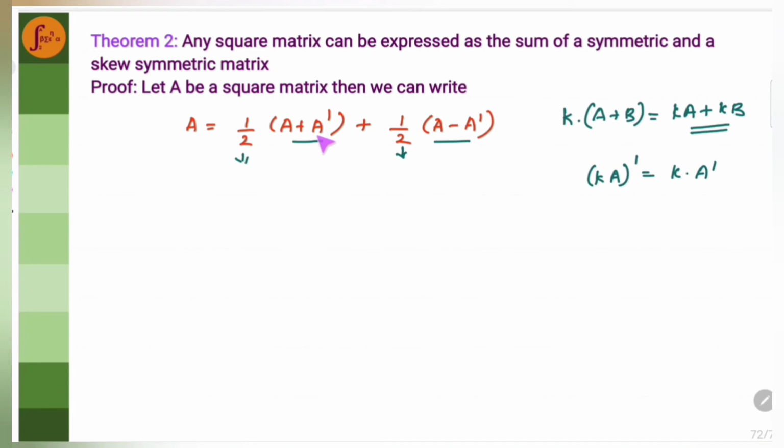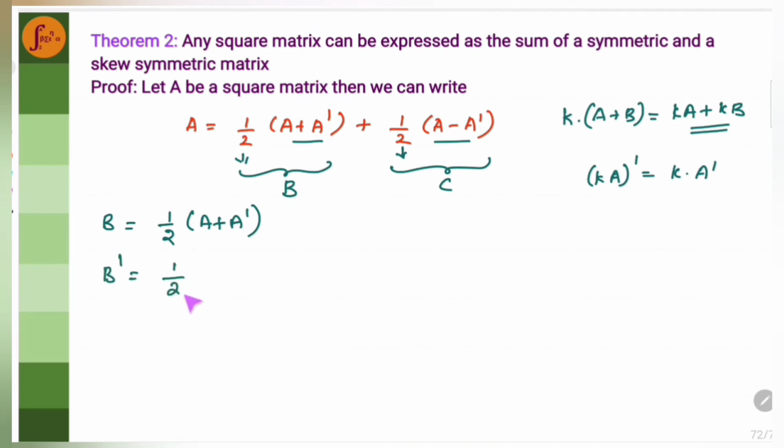So what we can do, similar to how we proved in theorem 1, we can prove here also. So we can assume that this entire thing is matrix B and this entire thing is, say, matrix C, exactly like the earlier one. We'll assume that matrix B is half into (A plus A transpose). So we'll apply transpose on both the sides. We'll get half into (A plus A transpose), the whole transpose.